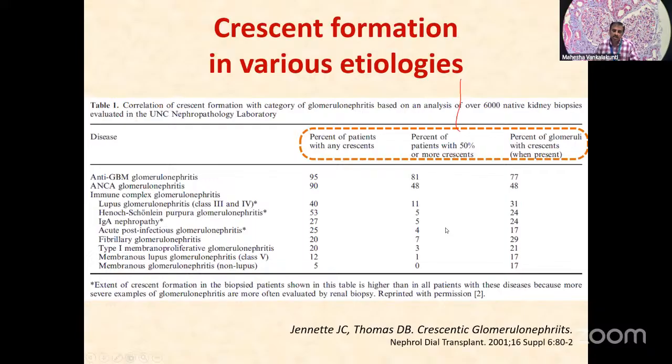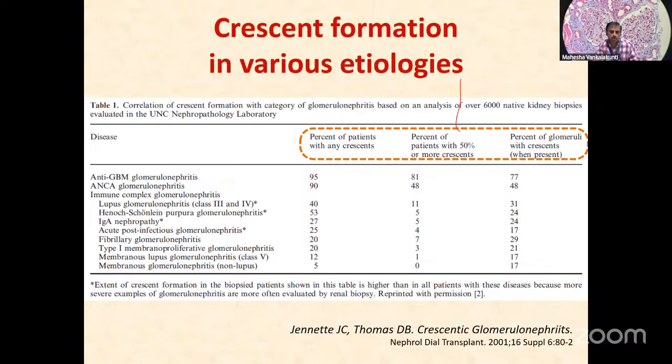Before this, I forgot to mention that for crescentic GN, there are two schools of thought. If there is a single glomerulus with a crescent, one school of thought calls it outrightly crescentic glomerulonephritis.